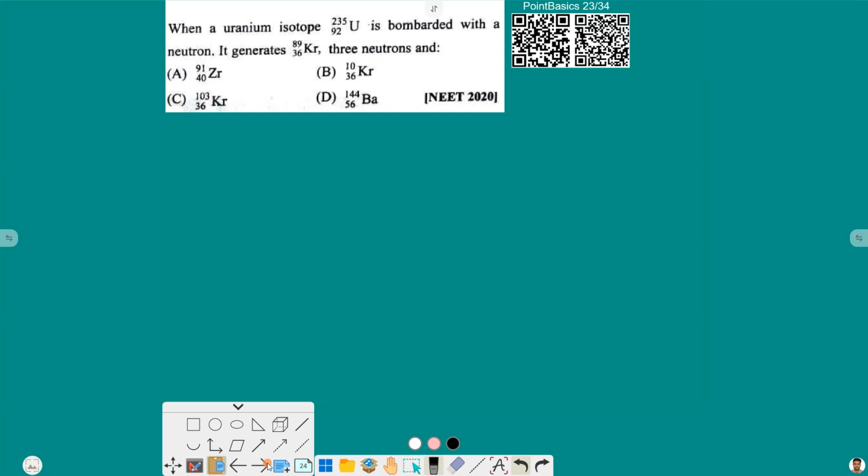The next one: when a uranium isotope 235U is bombarded with a neutron, it generates 89 krypton, 3 neutrons, and we have to find out what the next daughter nucleus will be. So 235U92, and bombarded with a neutron, so there will be an addition of a neutron. And what we are getting is 89Kr36 plus 3 neutrons, so 3 of 1n0, plus the unknown.